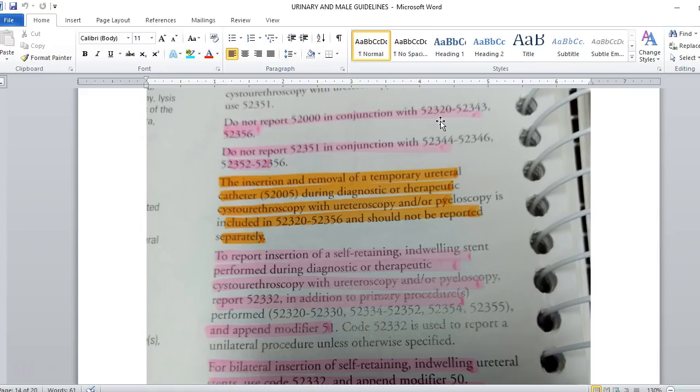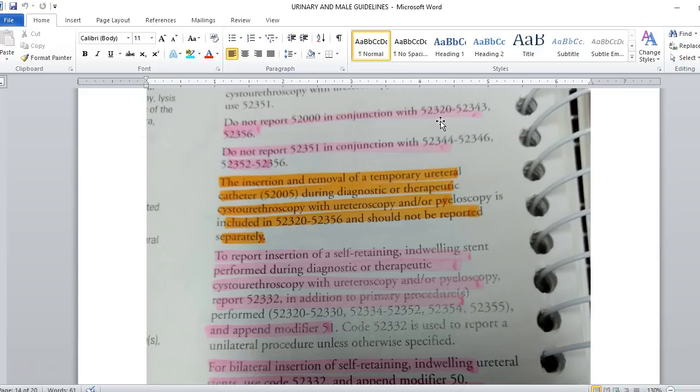However, if we are reporting the insertion of a self-retaining indwelling stent performed during a diagnostic or therapeutic cystourethroscopy with a ureteroscopy and/or pyeloscopy, we then will code the 52332 in addition to the primary procedure performed and append modifier 51.